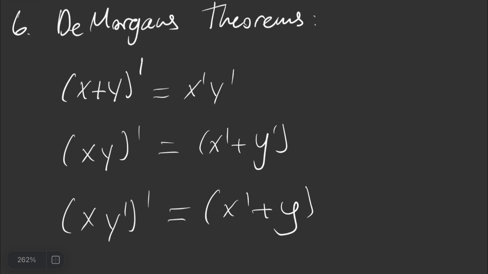Okay? These are going to be important later for implementing circuits with NAND or NOR implementations. That is something they asked a lot when I took this course. Okay? So law number 7, absorption.